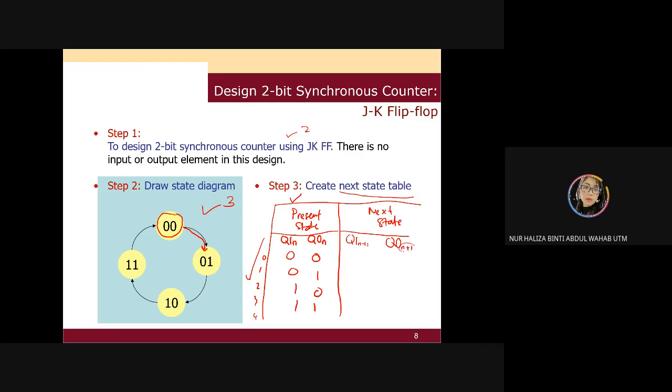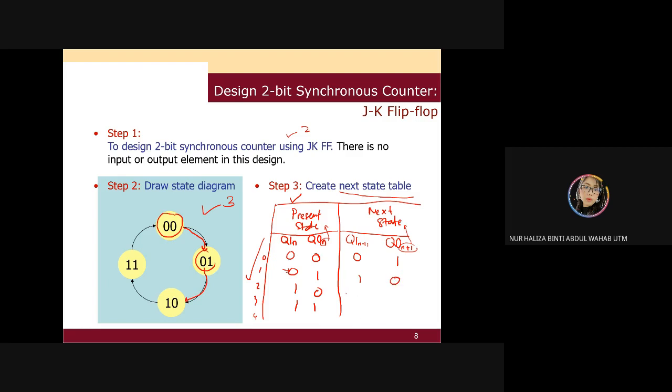This is just a symbol to represent the next state. This is just a symbol for the present state. So from 0, 0, it's going to go to 0, 1. Next, when you are here, you're going to go to 1, 0.